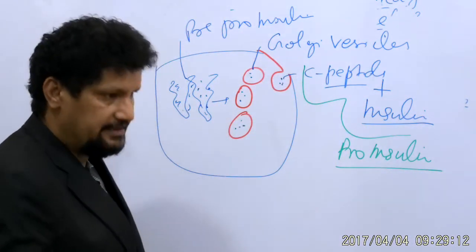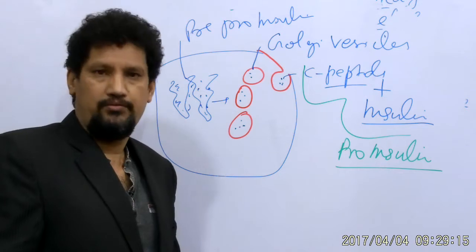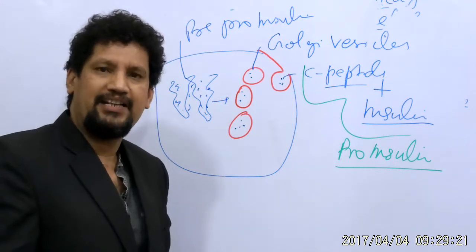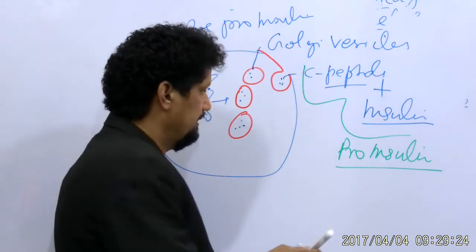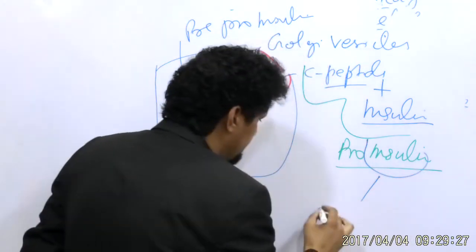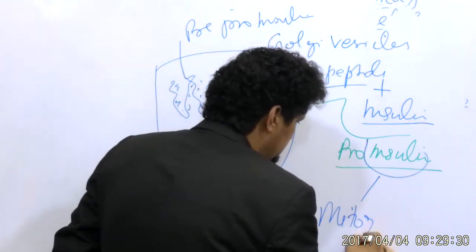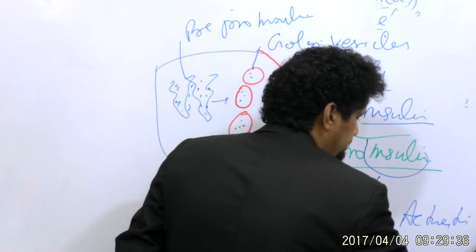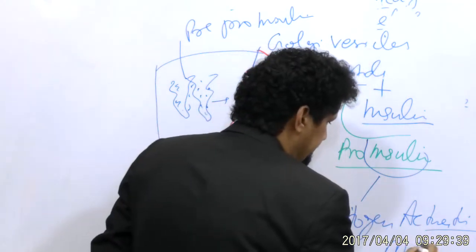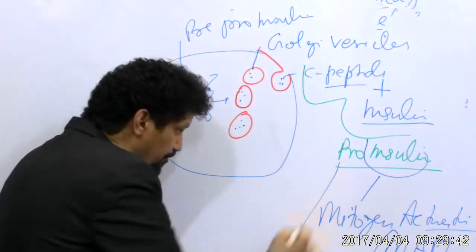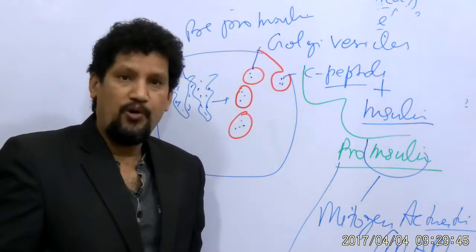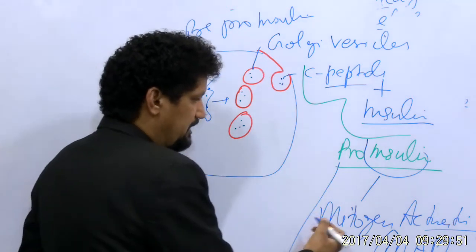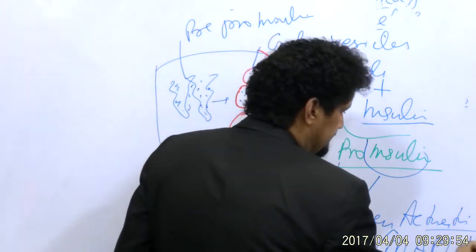This insulin has two hormonal components. One is the mitogen activating peptide, MAP. The other component is the phosphatidylinositol kinase. So this is MAP kinase, mitogen activating peptide kinase.